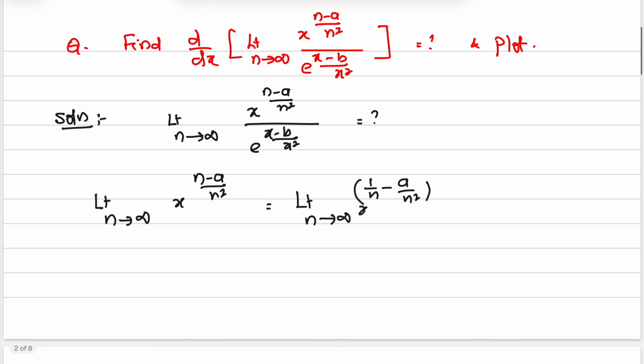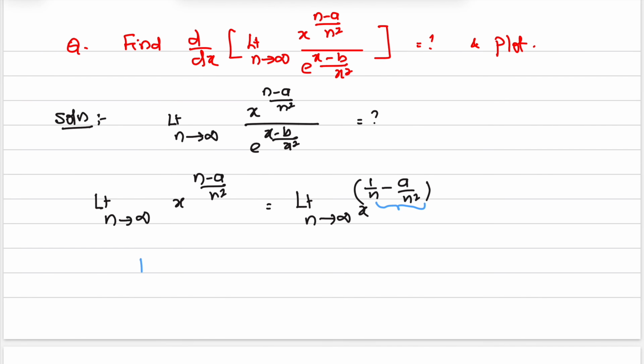Now, just imagine for any value of x except 0 and infinity, what will be the value of 1 by n minus a by n square if n tends to infinity?